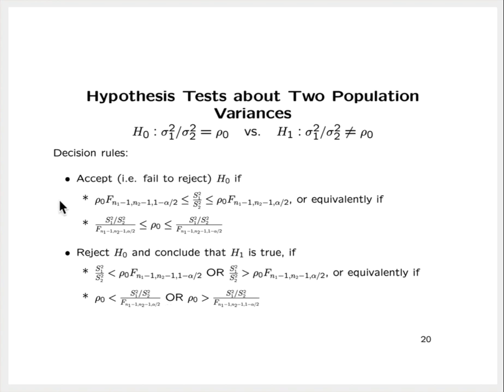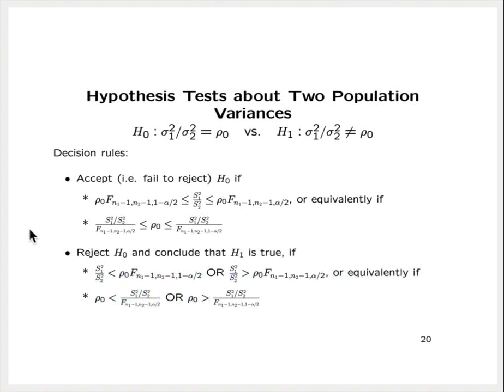We would accept the null hypothesis, in other words fail to reject it, if the ratio of the sample variances is between these two values that we've listed here. And we would reject the null hypothesis and conclude that the alternative is true if the ratio of the sample variances is either less than this lower critical point or greater than this upper critical point.